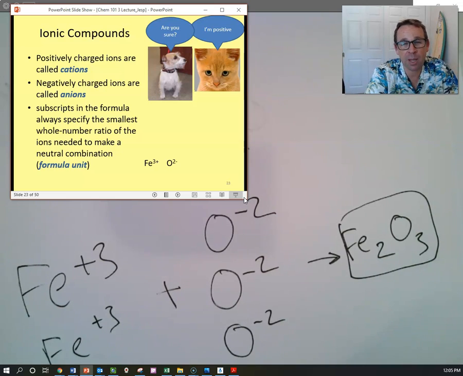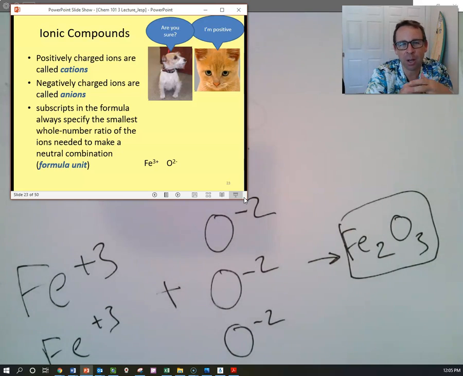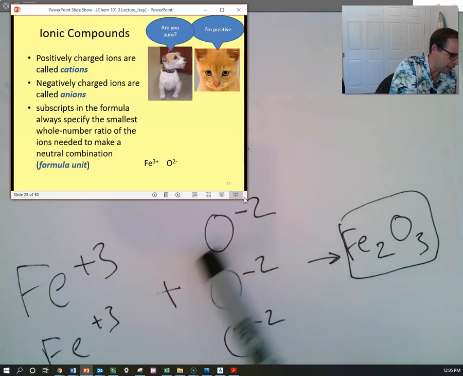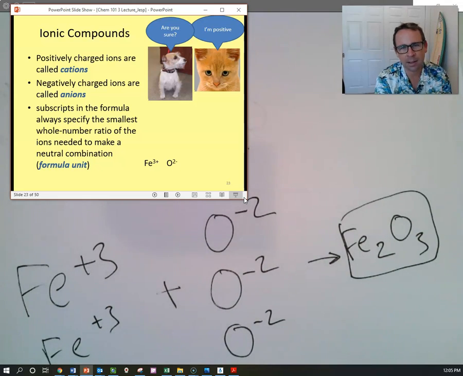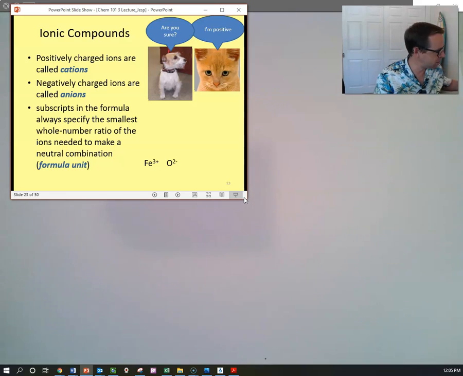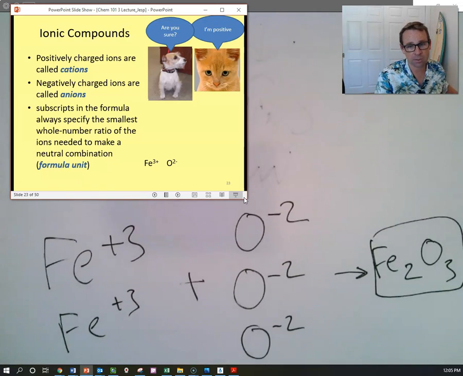But we have to remember that because, well, we'll see in the future why it's important, but we also want to know where the term ionic compound comes from. Now, another reminder, I think we already know, but an ion is an atom that has an imbalance between the number of protons and electrons. It's an atom that's either gained electrons or lost electrons.